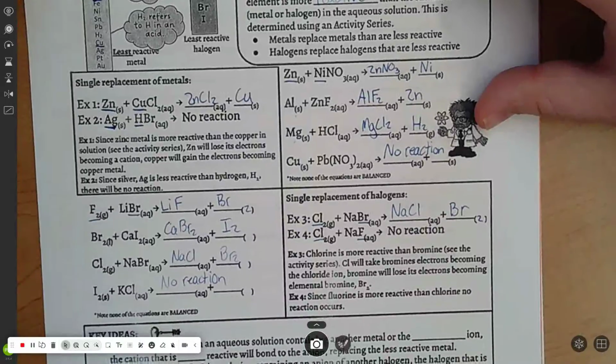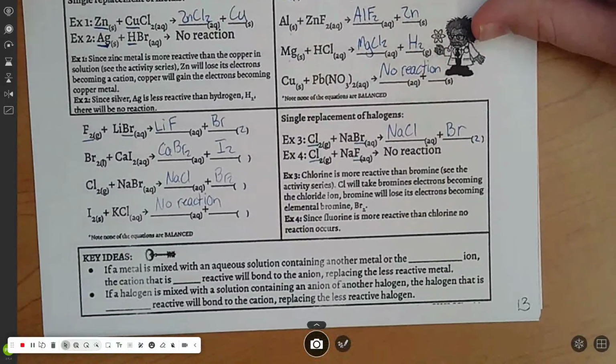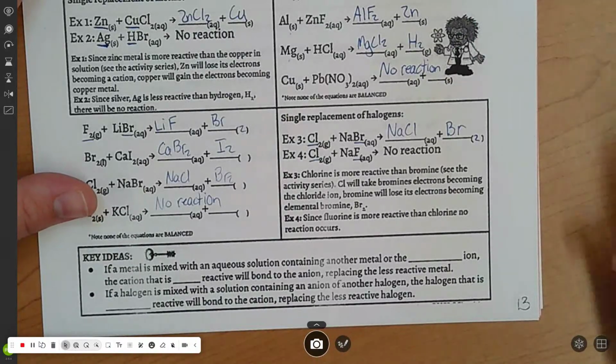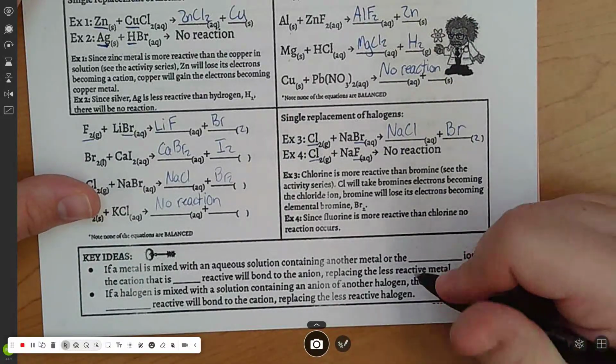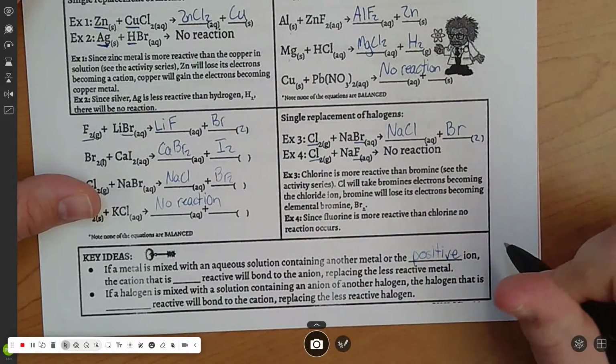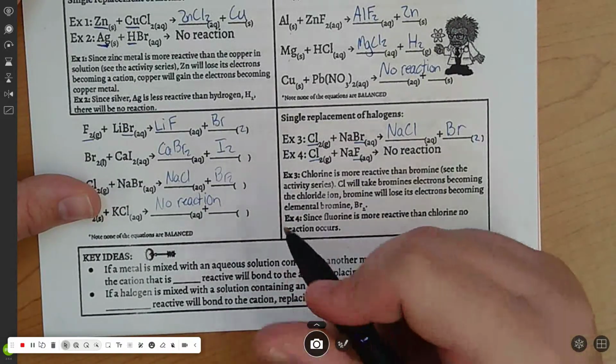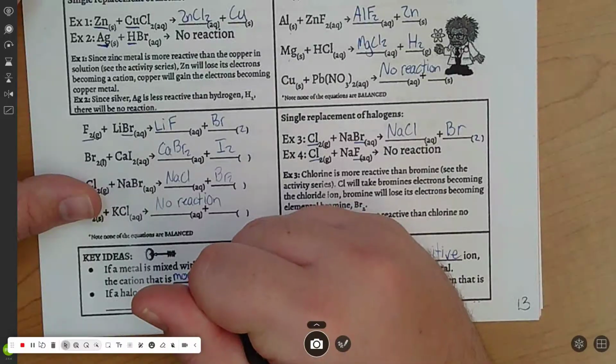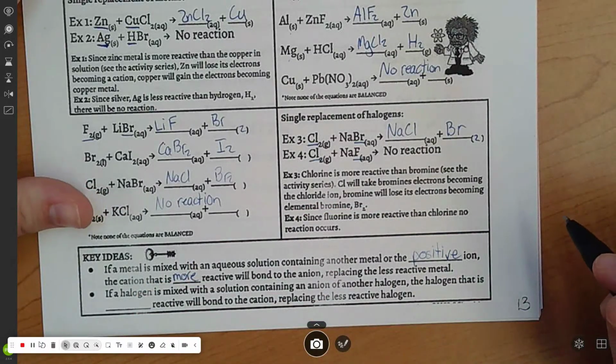The last thing we need to do is fill in some key ideas from these notes here. So if a metal is mixed with an aqueous solution containing another metal or the positive ion, which remember is the cation, that is the cation that is more reactive will bond to the anion.